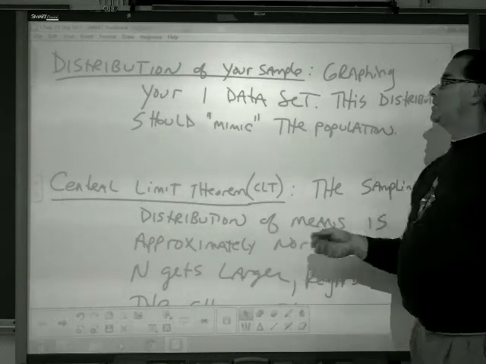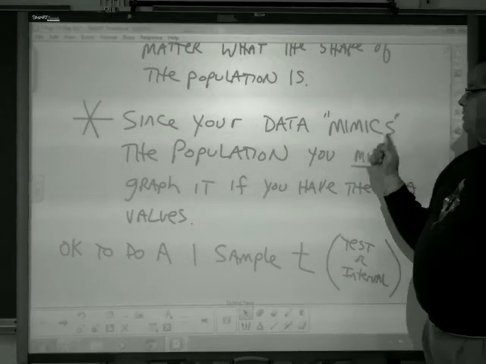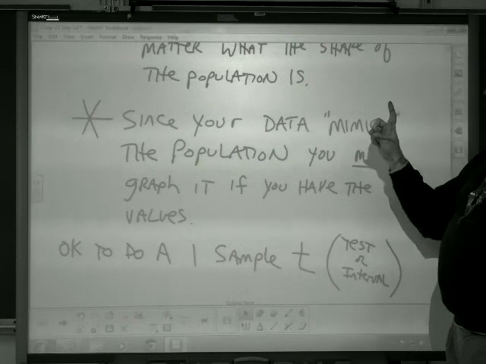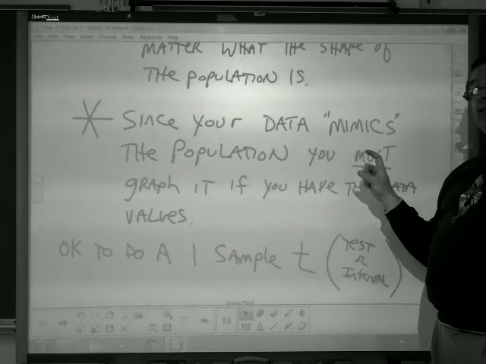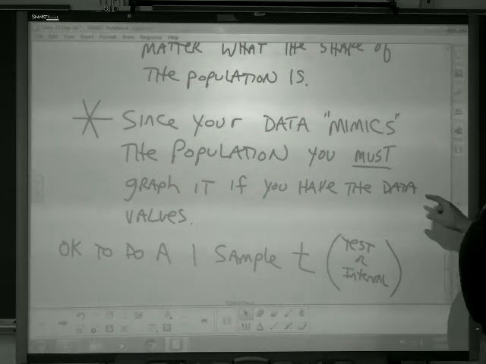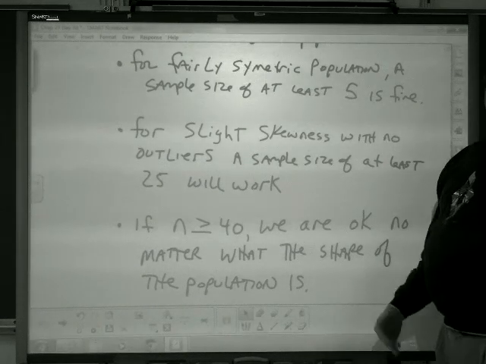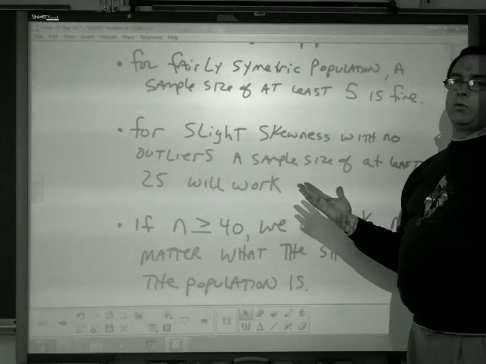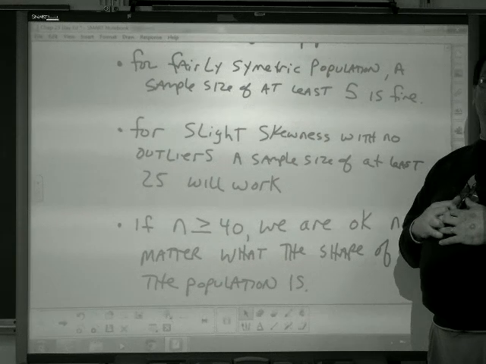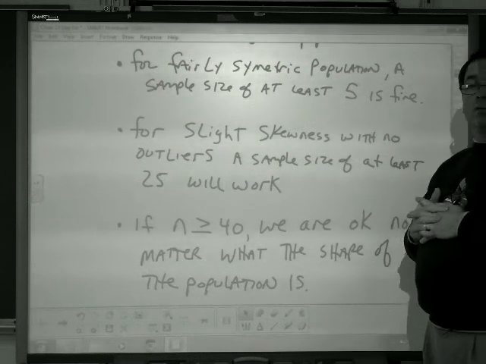And because of that, to answer this last condition, since your data mimics the population, you must graph your data if you have the data values, because it will give you a small snapshot of the population. So your graph will tell you whether or not you can use 5, 10, or 25. Otherwise, you need to know something about the population you're pulling from. If I'm talking about head circumference of males, I know those are going to be approximately normal, right? But if I'm talking about the number of spines on a spotted toad, I don't have a clue, all right?